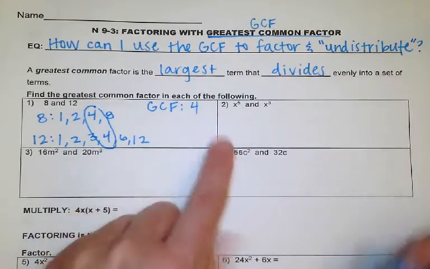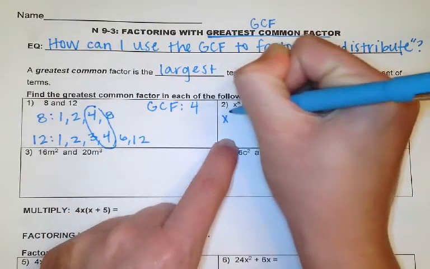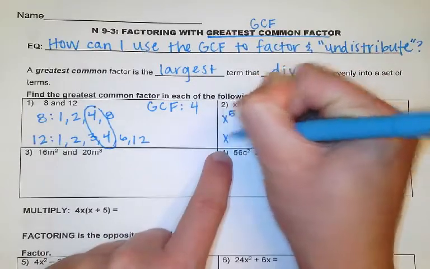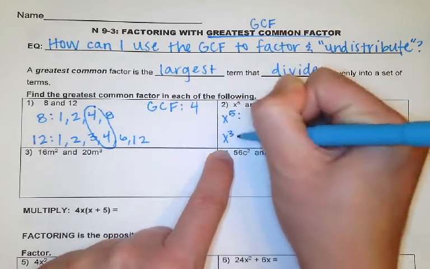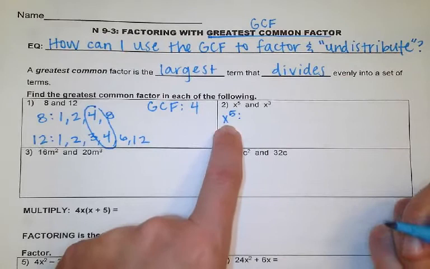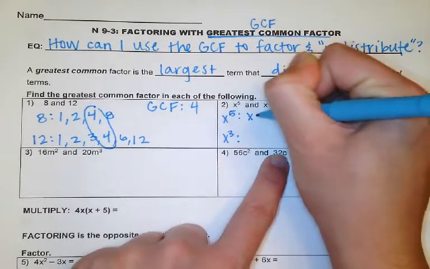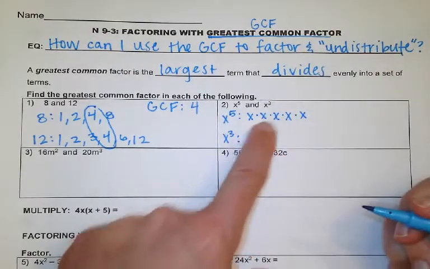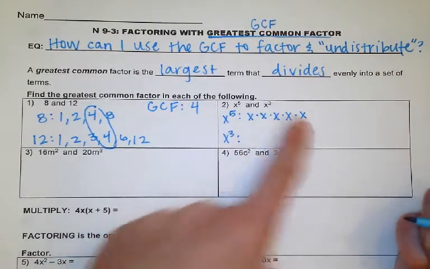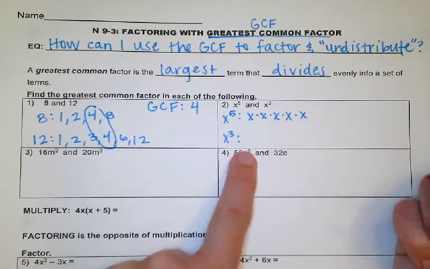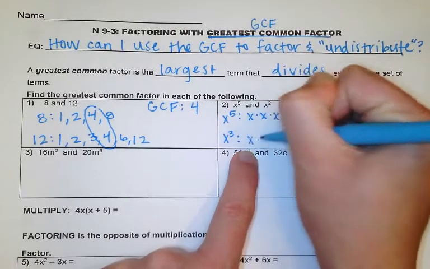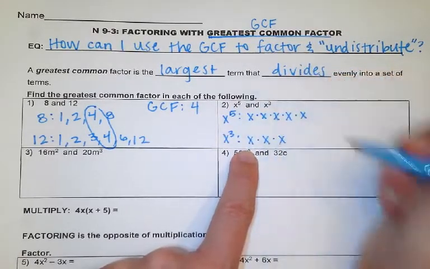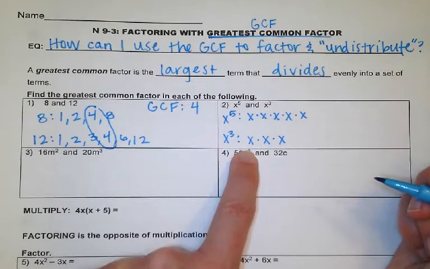This is x to the 5th. For this first one, I'm going to kind of write it out the same way I did the last one. So think about x to the 5th. Well, if I expand that out, it's x times x times x times x times x, 5 x's multiplying. And x cubed, x times x times x, 3 x's multiplying.